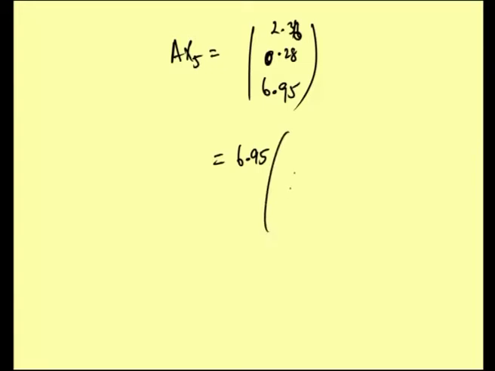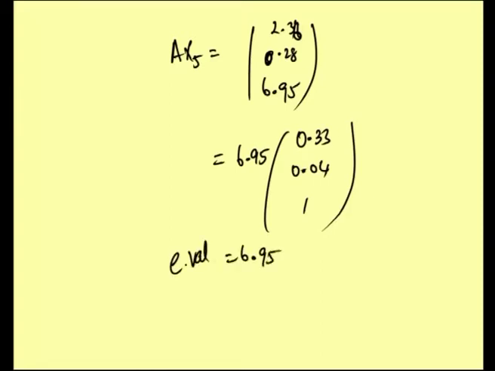6.95 comes outside and we have 0.33, 0.041. So, eigenvalue is 6.95 and eigenvector x6 is 0.33, 0.041.